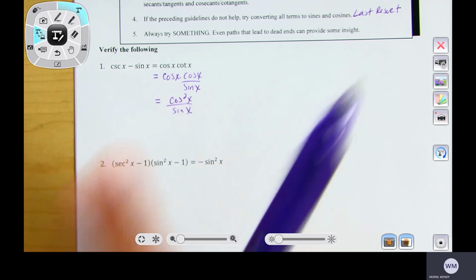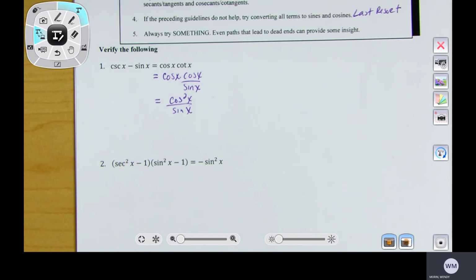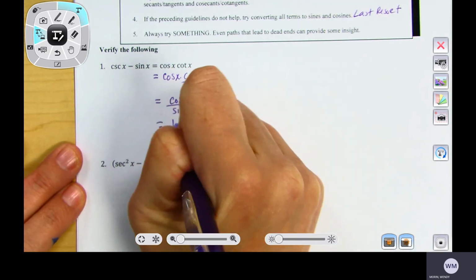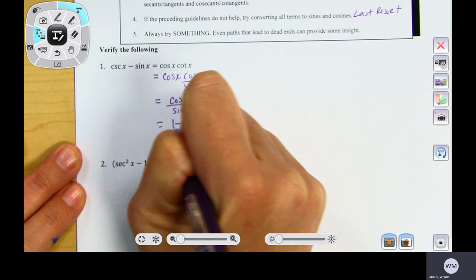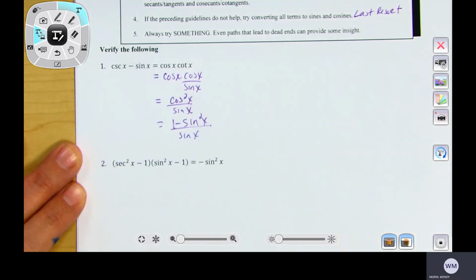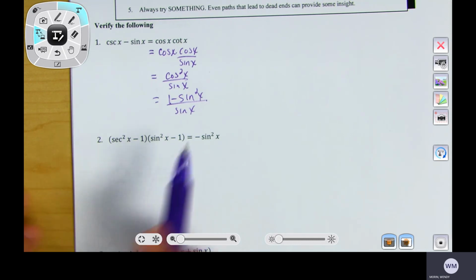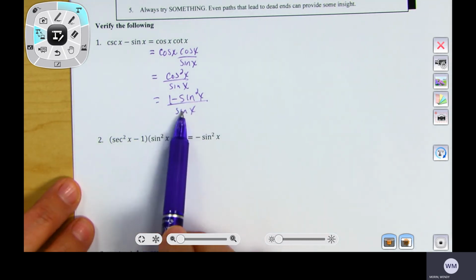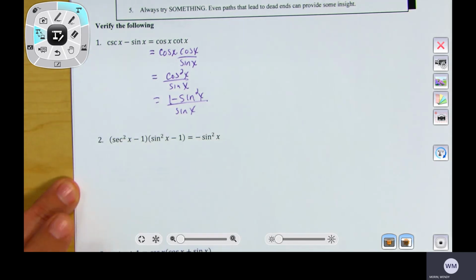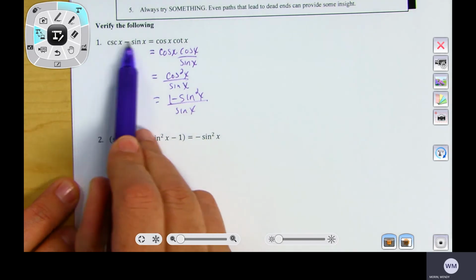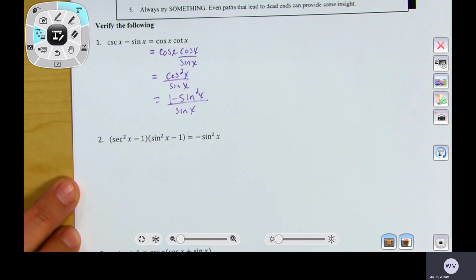Cosine squared. Is there a way to turn cosine squared into sine squared? No. 1 minus. Very good. 1 minus sine squared. Okay. Is there a way to turn a fraction into 2 terms from 5th grade math? Can I turn a fraction into 2 terms? How do I do that?